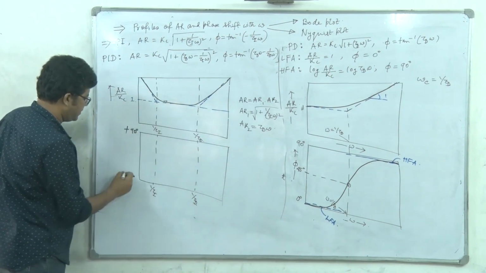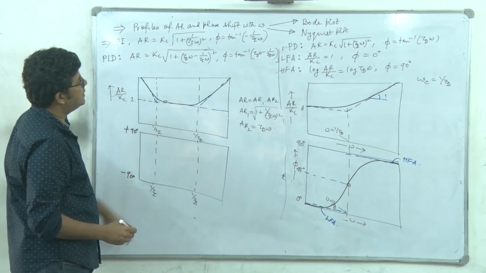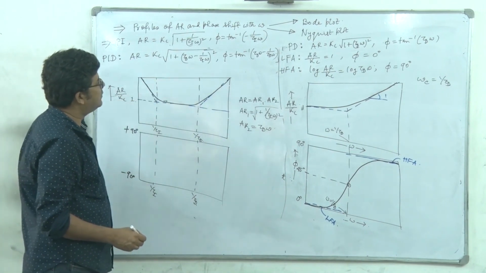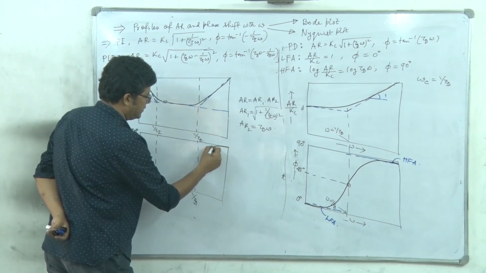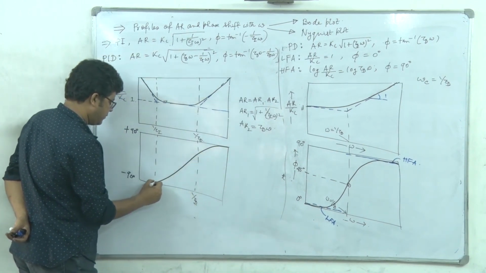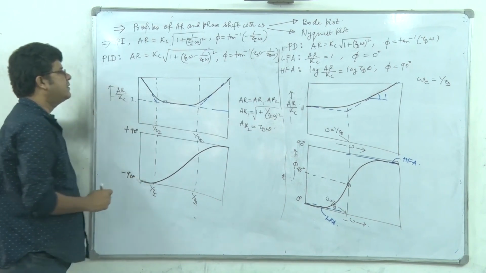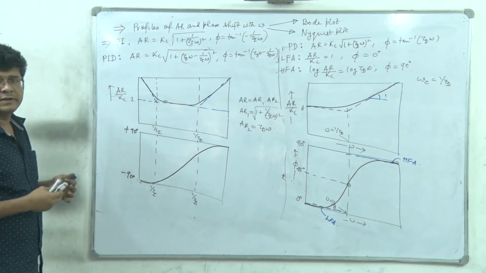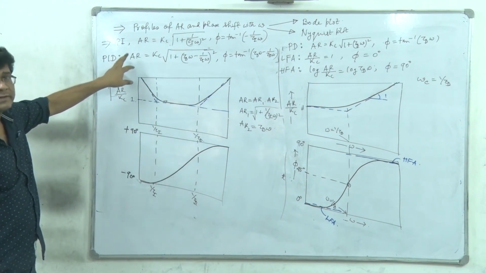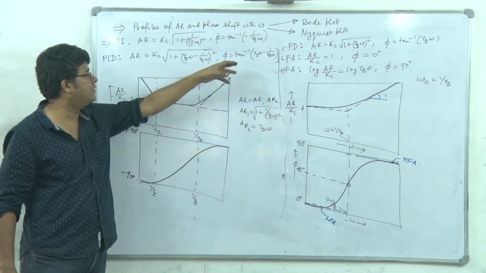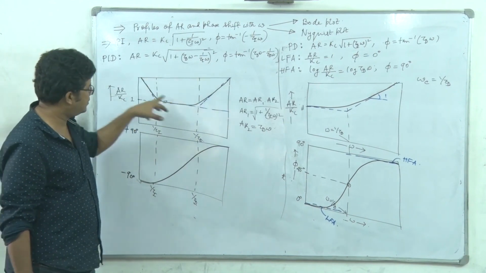It will be minus 90, and when omega tends to infinity, phi will be equal to plus 90. So tentatively we can say that this sort of curve will result. What I suggest is that you consider this PID, the low frequency and high frequency, you do it yourself and try to get this sort of plot, right?